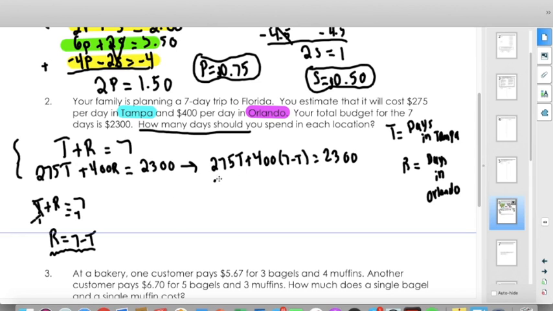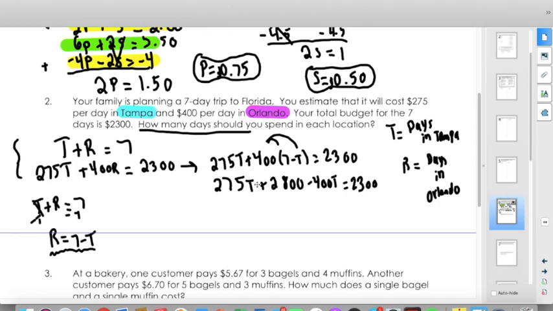Okay, let's simplify this. 275T, I've got to distribute here. So 400 times 7, we should be able to do that in our heads. That's just 2800 minus 400T equals 2300.